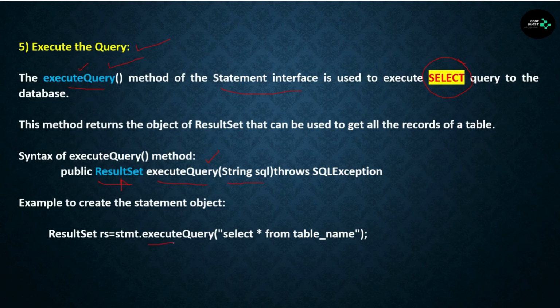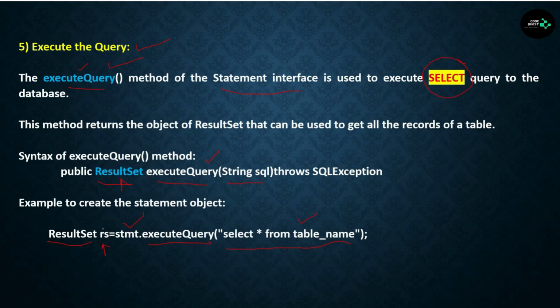Here you can see we are calling executeQuery with the help of the Statement object which we created in the previous step. And in the string we are writing select star from some table name. This query upon execution is going to bring us certain records, or rows of a table, and those records are referred to by your ResultSet interface object, let's say rs here.